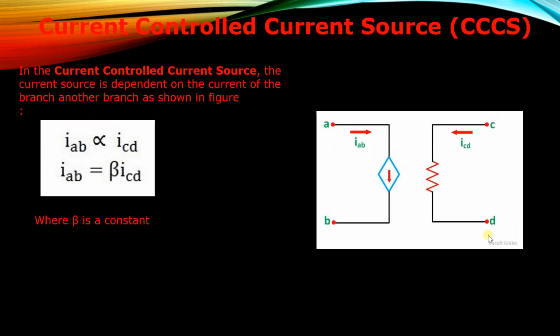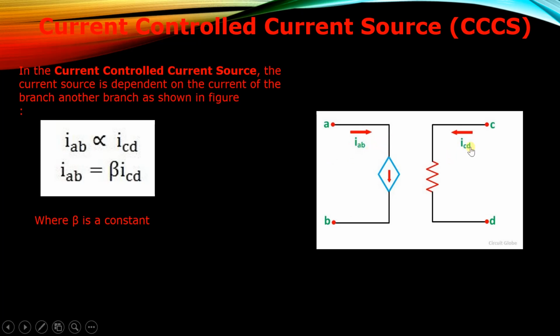Then the current controlled current source, CCCS, is the fourth classification. This diagram shows that at the input side we have the current source, and this current source is controlled by the current in the branch C and D. In the current controlled current source, the current is dependent on the current of another branch as shown in the figure.